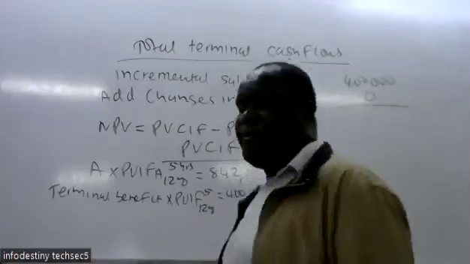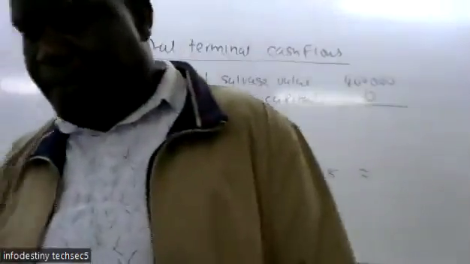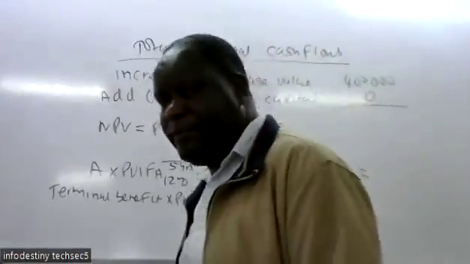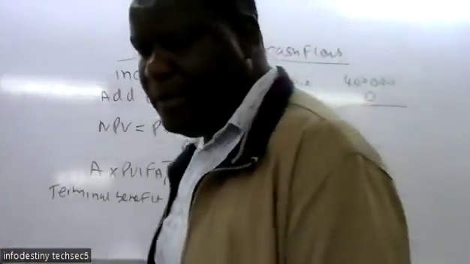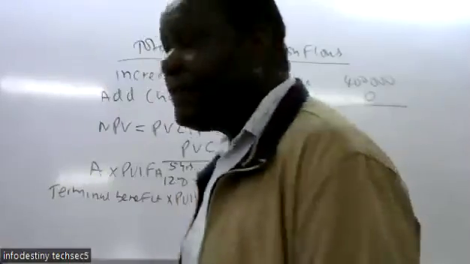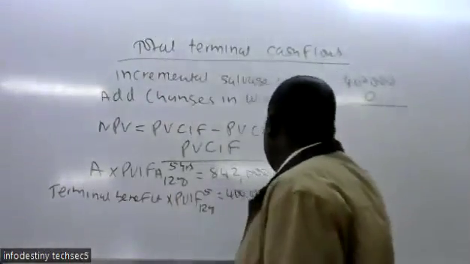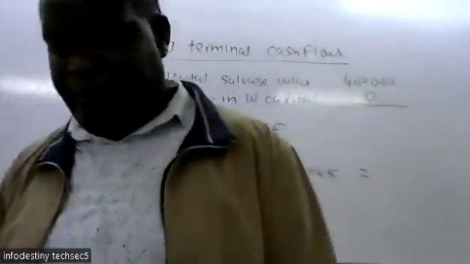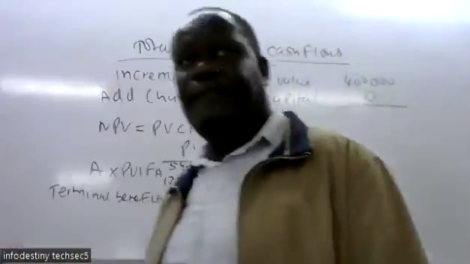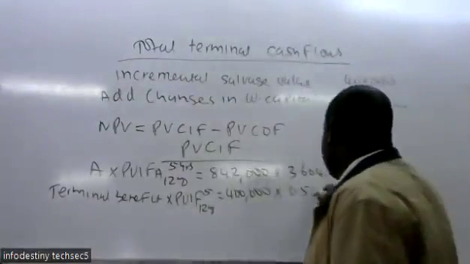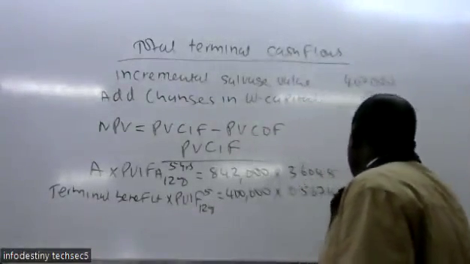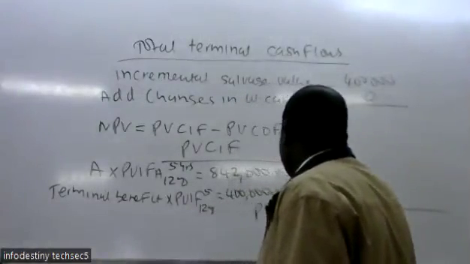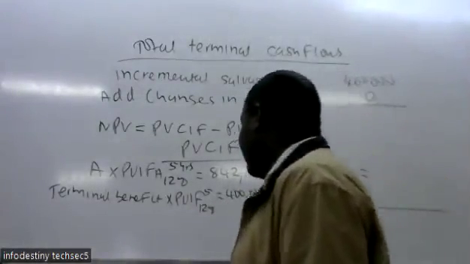Then we multiply by 0.5674 in the first table, 12%. You can confirm it is 0.5 what? 674. So when you add them, they will give you present value for the cash inflows.